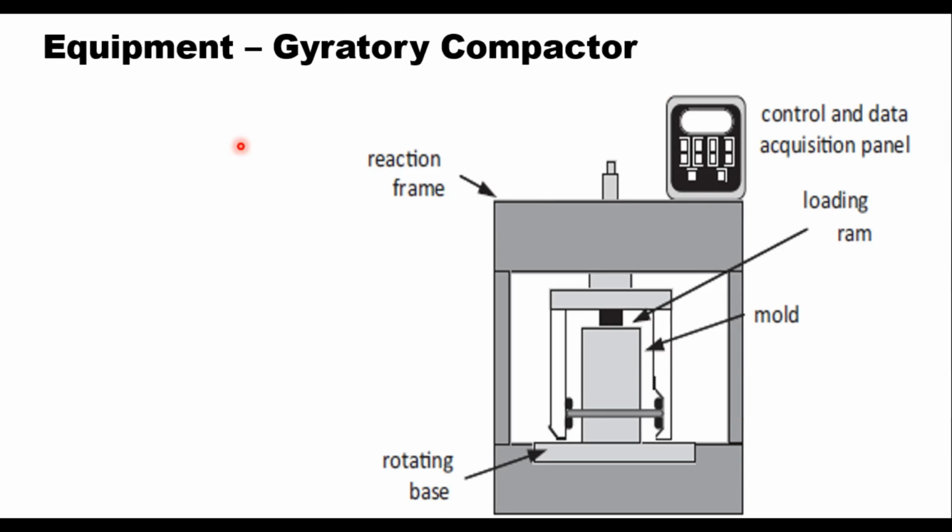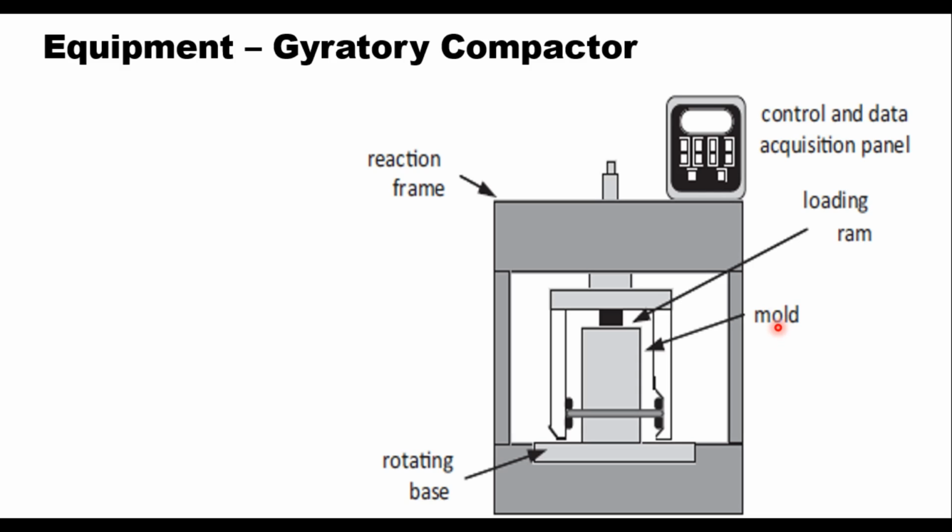The equipment required is the gyratory compactor, and this compactor consists of a reaction frame, rotating base and motor, loading system, loading ram and pressure gauge, height measuring and recording system, mold and base plate, and specimen extruding device.